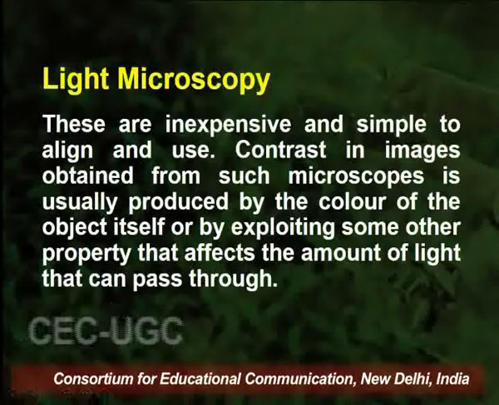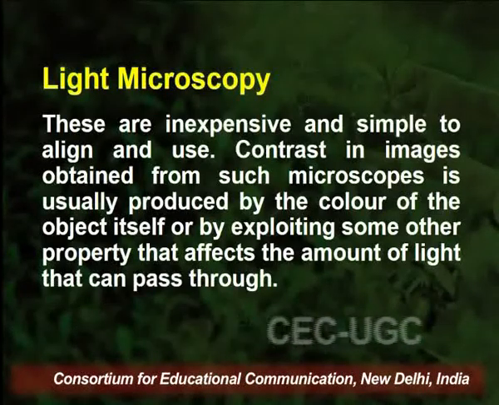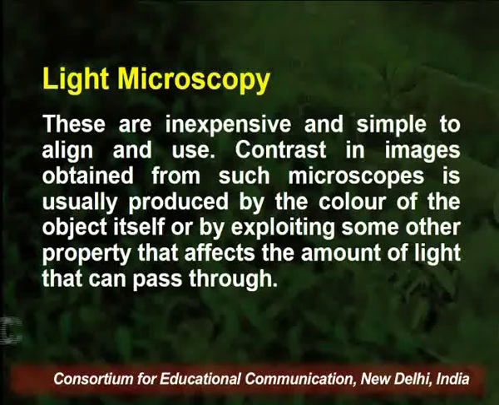Light microscopes are inexpensive and simple to align and use. The contrast in images obtained from such microscopes is usually produced by the color of the object itself or by exploiting some other properties that affect the amount of light that can pass through.